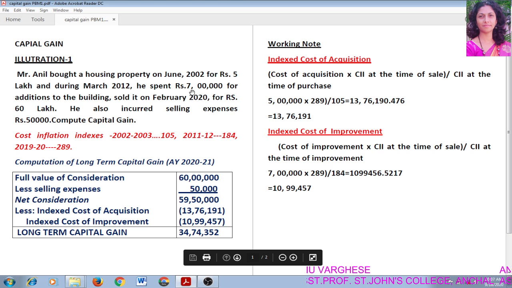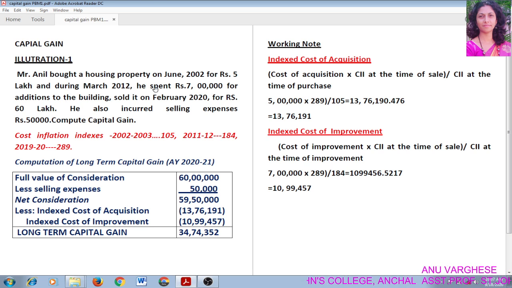Again, we have to deduct indexed cost of improvement. When we read the question, we can understand that during March 2012, he spent rupees 7 lakh for additions to the building. So there is a cost of improvement. Again, we have to calculate indexed cost of improvement. Write this as a working note. The formula for finding indexed cost of improvement is cost of improvement into cost inflation index at the time of sale, divided by cost inflation index at the time of improvement.